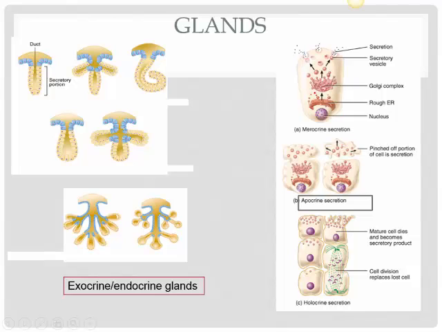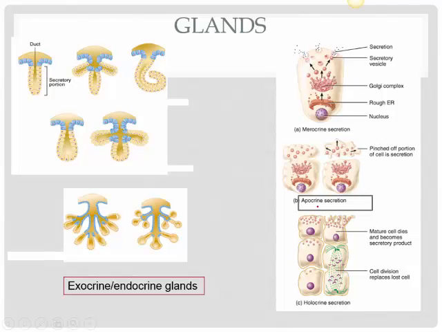The rough endoplasmic reticulum makes up those substances, which are usually protein in nature, and transfers them to the Golgi complex, which makes little secretory vesicles, and by exocytosis the secretion is poured out. This kind of secretion is known as merocrine secretion, and most glands use this method.